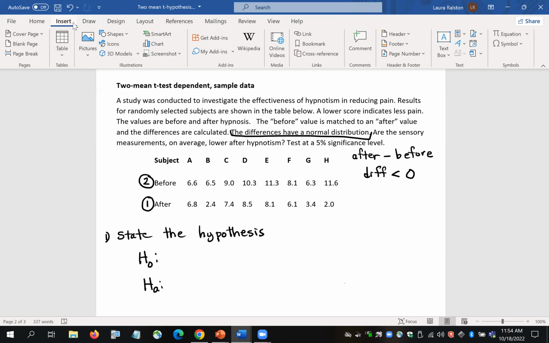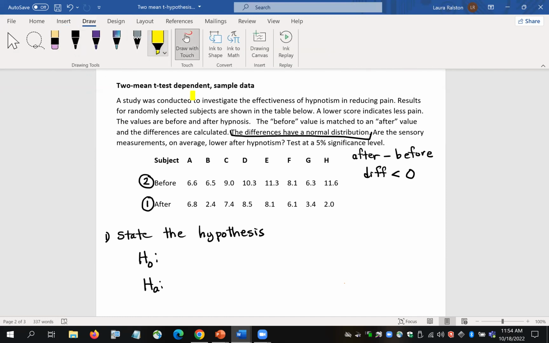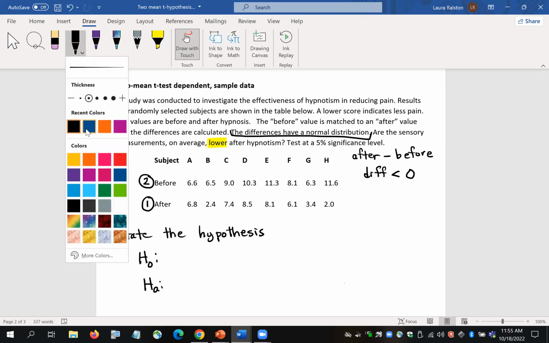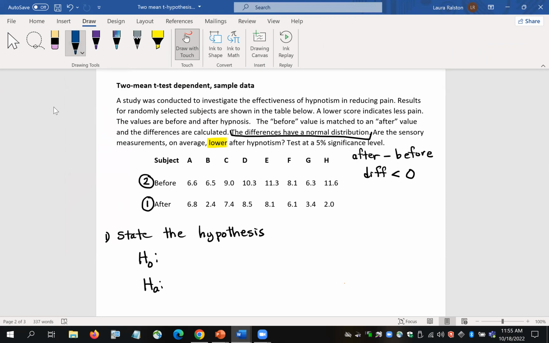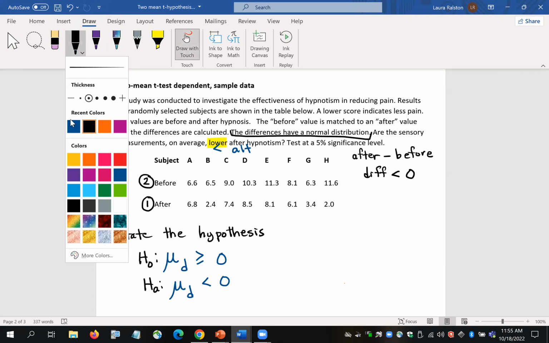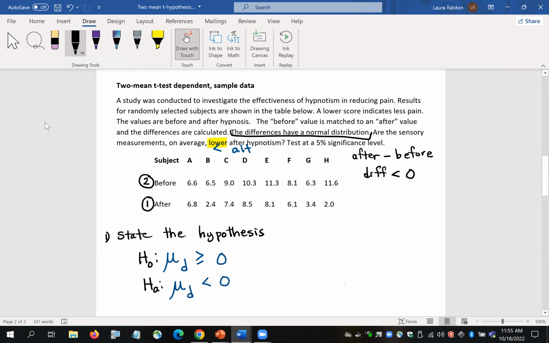Sometimes that's the hard part that gets us tripped up, watching all those words. It says lower, and lower, at least in my mind, implies less, which makes this the alternative. So my alternative is that the mean difference is less than 0, which means the mean difference greater than or equal to 0 is the null. Again, the idea that the null contains equal and the alternative does not hasn't changed.